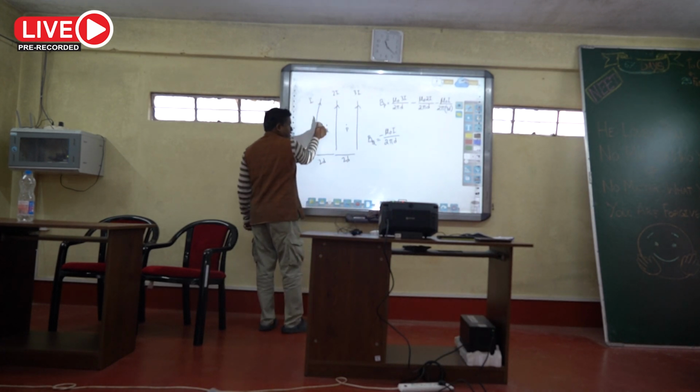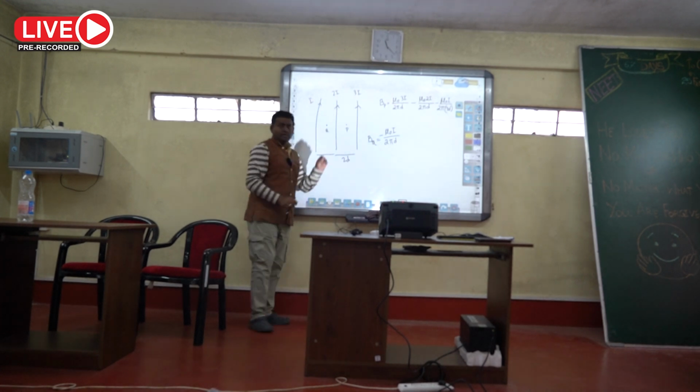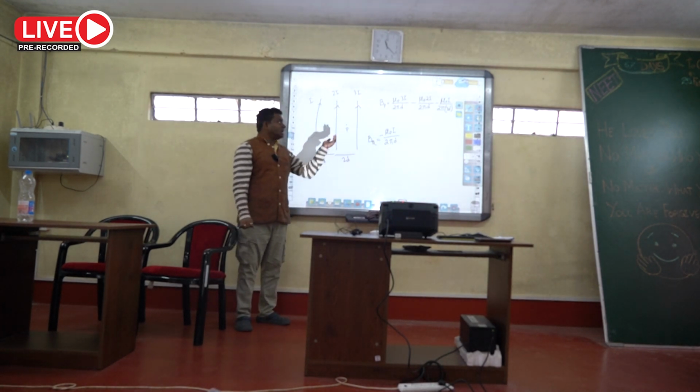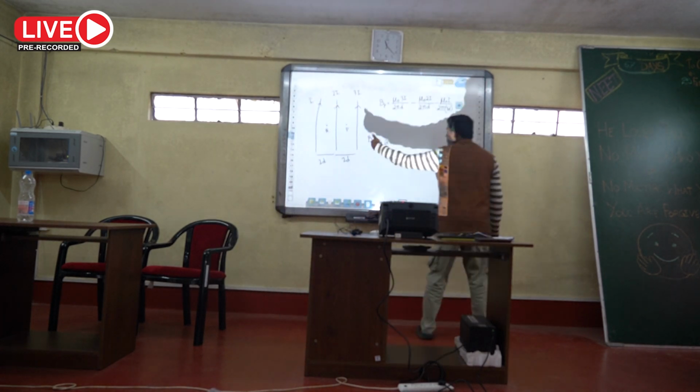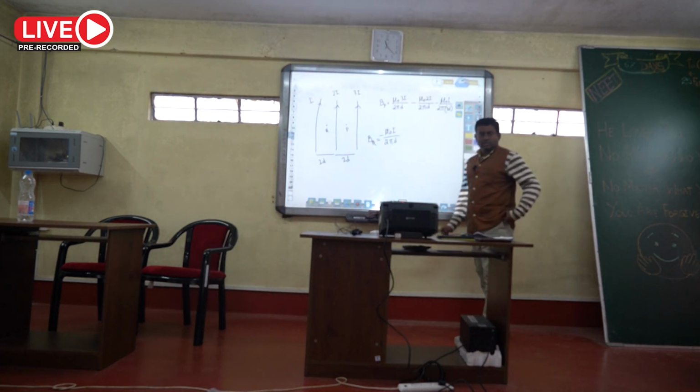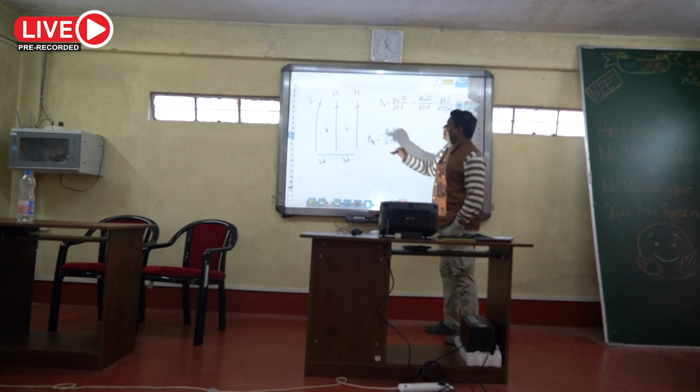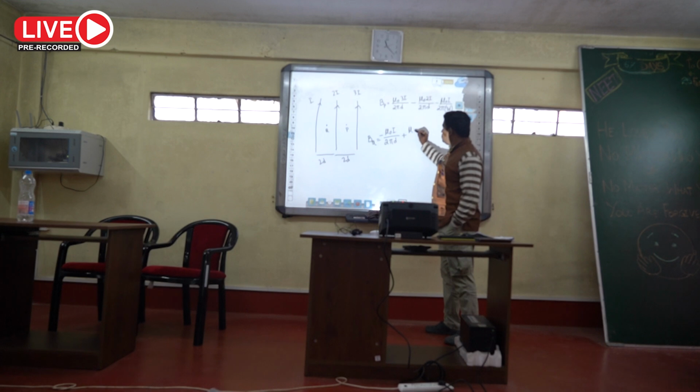Going in field will be taken with a negative sign, and coming out is taken with positive sign. So here the first field is going inside, so it is with negative sign. Then for 2i, it is coming out, so it is positive. So it is mu naught 2i divided by 2 pi d. The last one is also coming out, mu naught 3i by 2 pi into 3d.